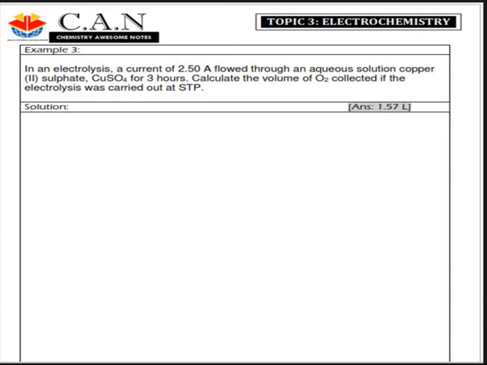Okay, so first sekali kita akan kira dulu Q sebab kita ada time, kita ada current. Okay, so kita tulis Q is equal to IT. Masukkan nilai 2.5 times 3 times 60 times 60, tukar dalam second, so kita akan dapat 27,000 coulomb.